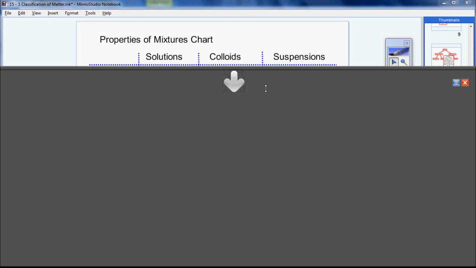Leave yourself plenty of room in your notebook so that you have enough room to include the whole chart. Okay, so you're going to have 4 columns. The left-hand column needs to be large enough to have words, but then the headings on the next 3: solutions, colloids, and suspensions.